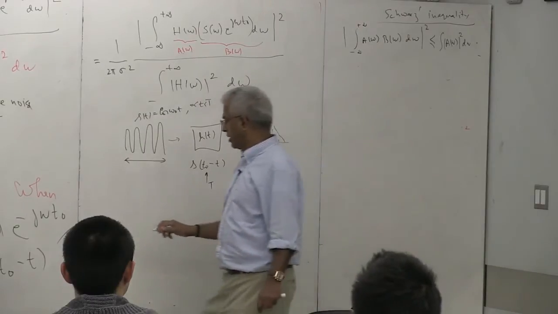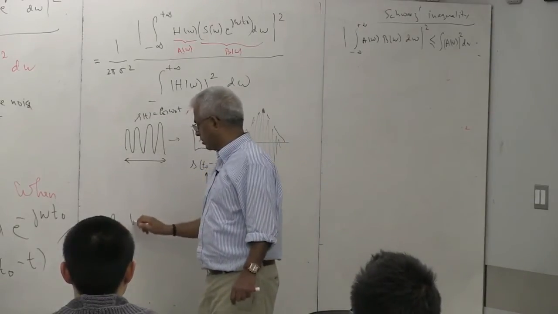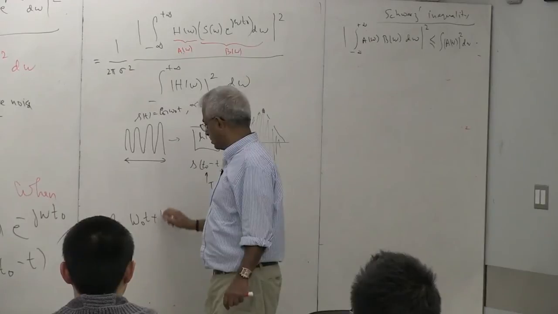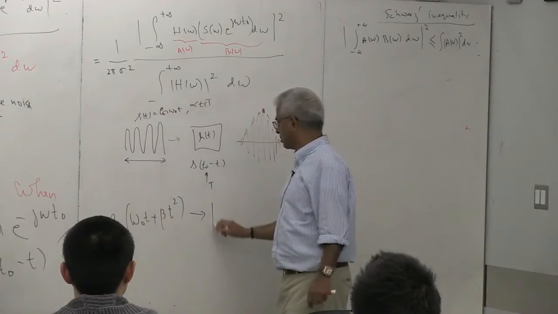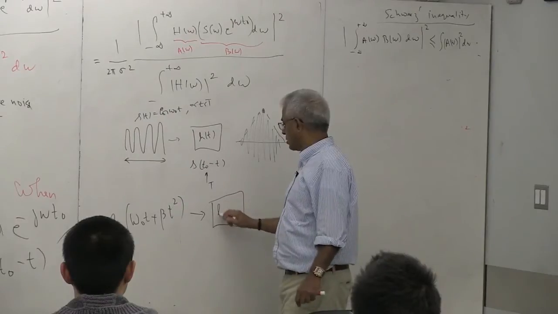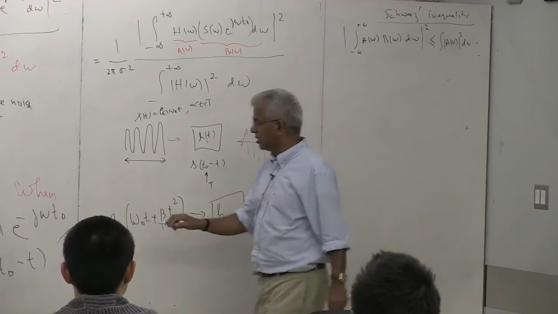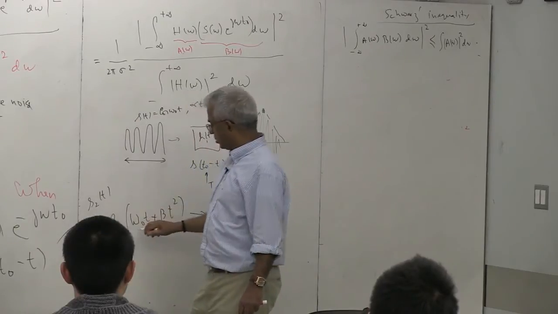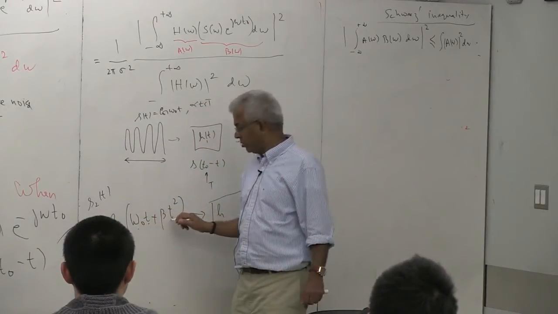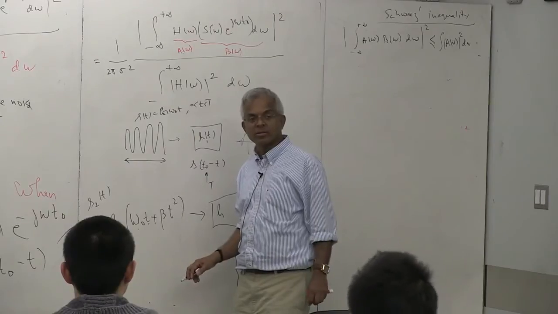Now suppose you bring in this signal. Anybody knows what this signal is known as? Let me call it S2 of t. So this has a sinusoidal component, but it also has a quadratic phase.